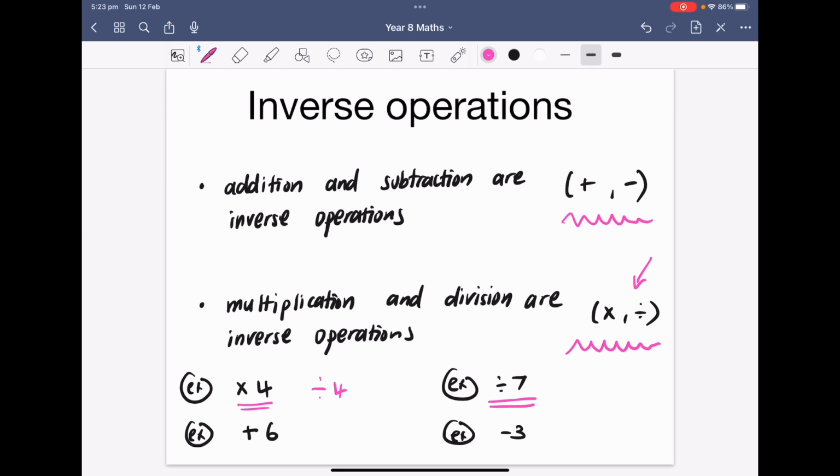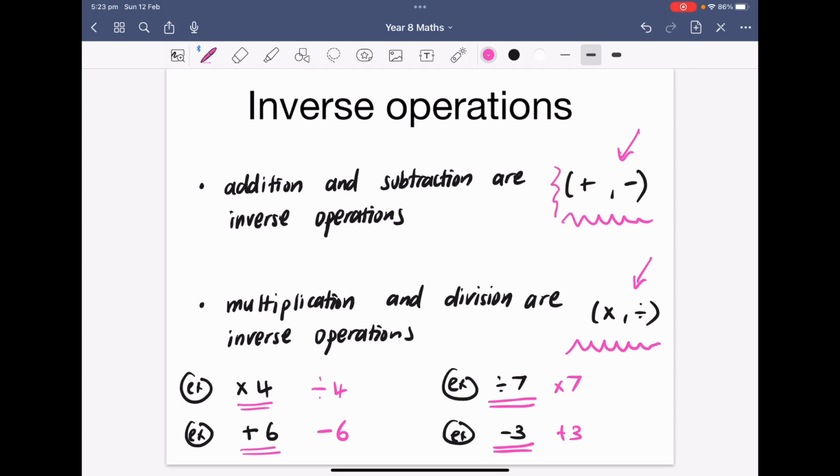The inverse of divide by 7 would be times 7. What would be the inverse of plus 6? The inverse of plus 6 would be minus 6. And lastly, the inverse of minus 3 would be plus 3.